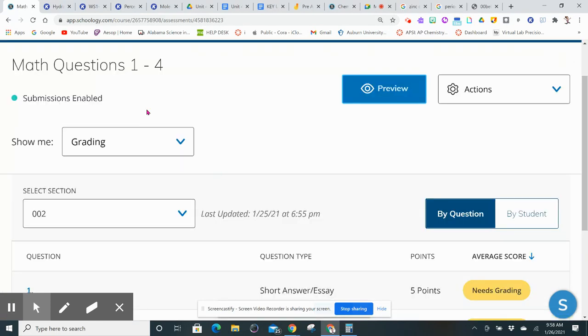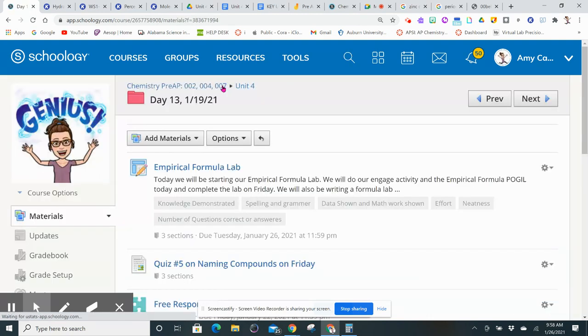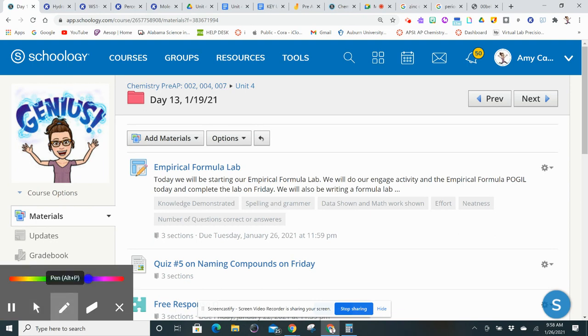Let me talk just a second about empirical formulas. Remember the difference between empirical formula and molecular formula. Empirical formula is the smallest whole number ratio of atoms. And the molecular formula is the actual number of atoms. So, for example, we did an empirical formula POGL, so I would go back and look at that.